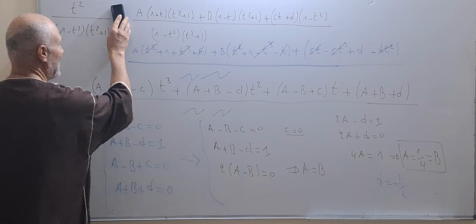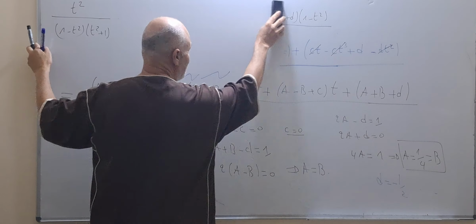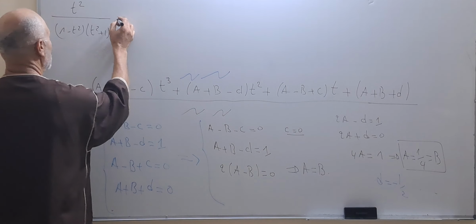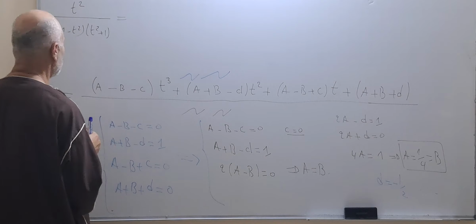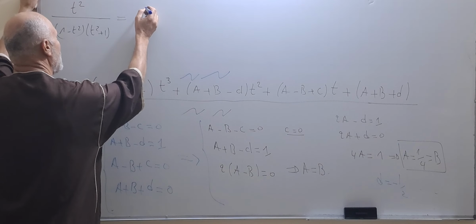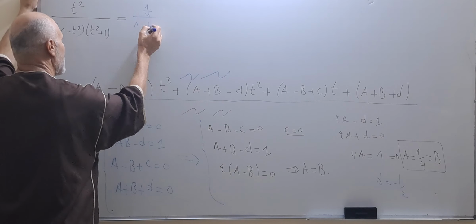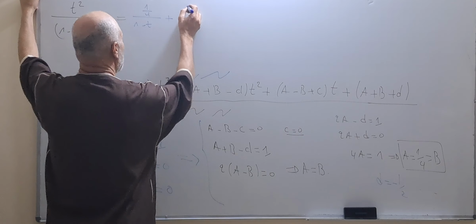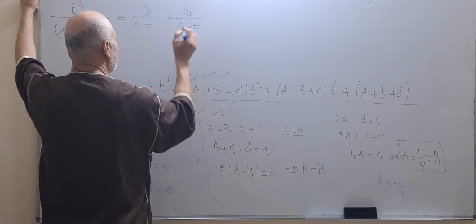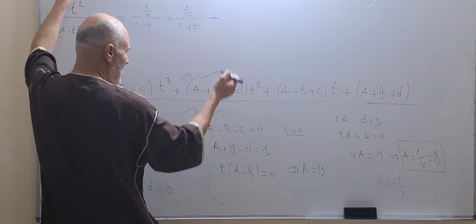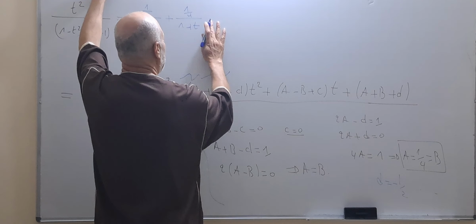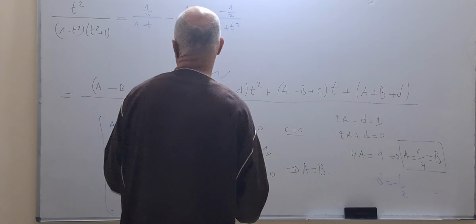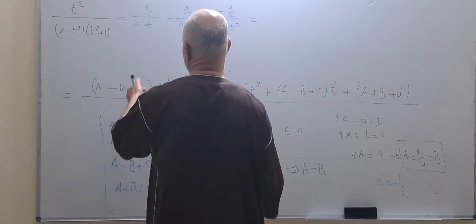So this formula takes the following form: 1 over 4 over (1 minus T), plus 1 over 4 over (1 plus T), plus C equal to 0, and D equal to minus 1 over 2 over (1 plus T square). Let's check once again to be sure.